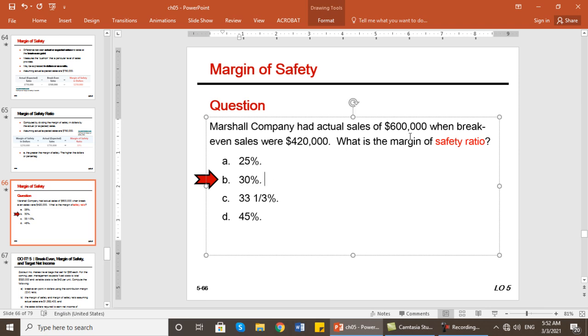First, we calculate the margin of safety, the difference between these numbers, 180,000, then we divide by 600,000, which equals 30%.